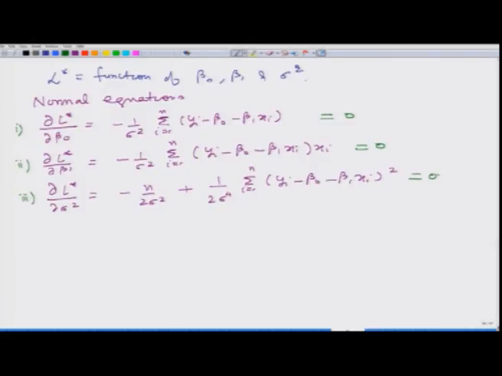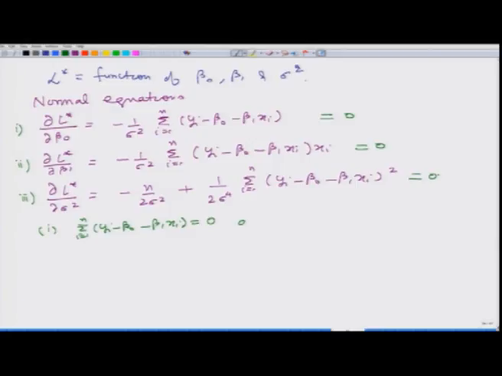So, the first equation, if I try to solve it, this simply gives me summation i goes from 1 to n (y_i minus beta 0 minus beta 1 x_i), put it equal to 0, right.